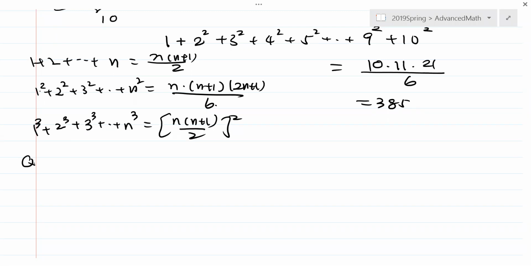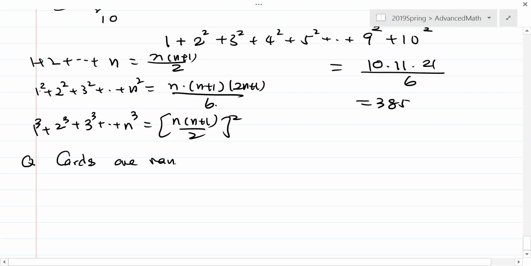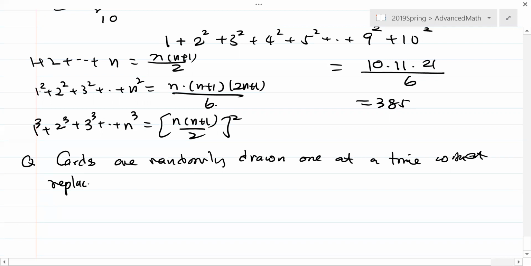What is the probability that the first 3 cards chosen are clubs? Without replacement, okay?